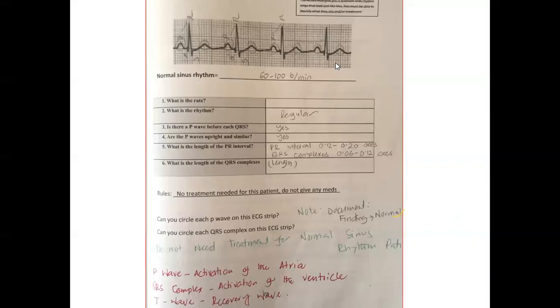The PR interval should be 0.12 to 0.20 second. What else? The QRS complex interval or length should be 0.06 to 0.12 second.